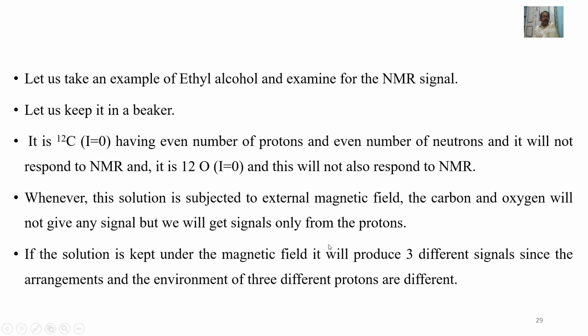Whenever this solution is subject to an external magnetic field, the carbon and oxygen will not give any signal, but we will get signals only from the protons, the hydrogen. If the solution is kept under the magnetic field, it will produce 3 different signals, since the arrangements and the environments of the 3 different protons are different.